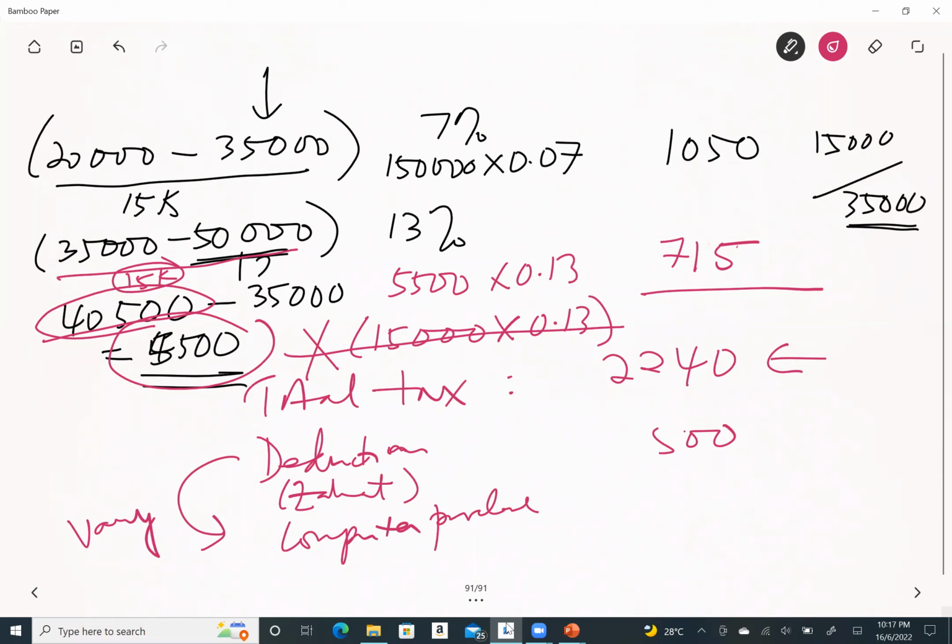Tax base, I think I already mentioned that. And then, the distribution of burden. That one I want you to read. The burden distribution.